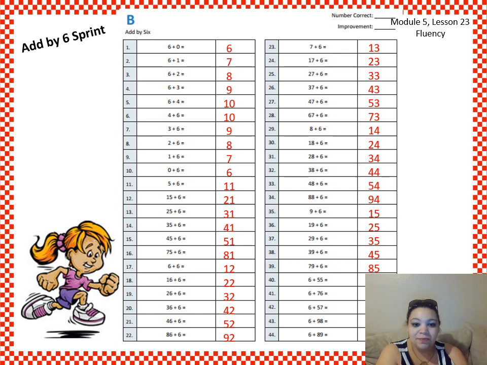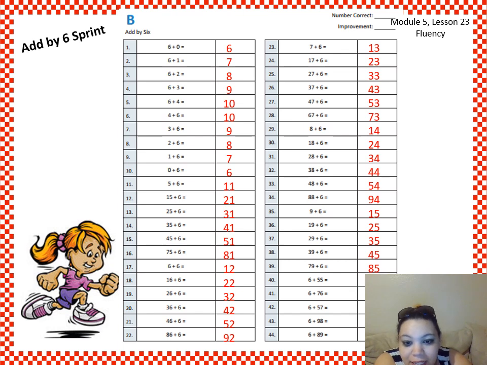6, 11, 21, 31, 41, 51, 81, 12, 22, 32, 42, 52, 92, other column, 13, 23, 33, 43, 53, 73, 14, 24, 34, 44, 54, 94, 15, 25, 35, 45, 85.